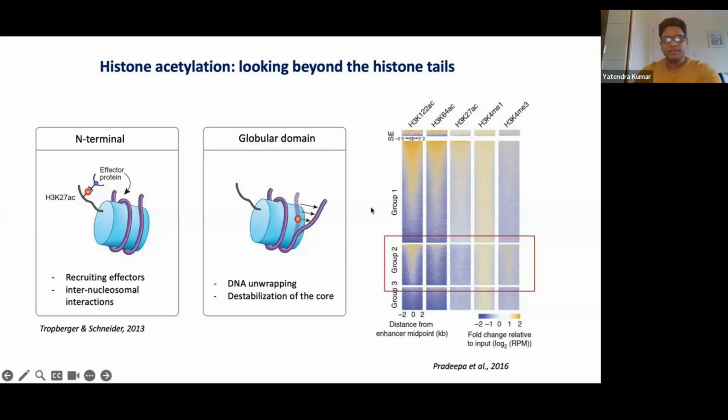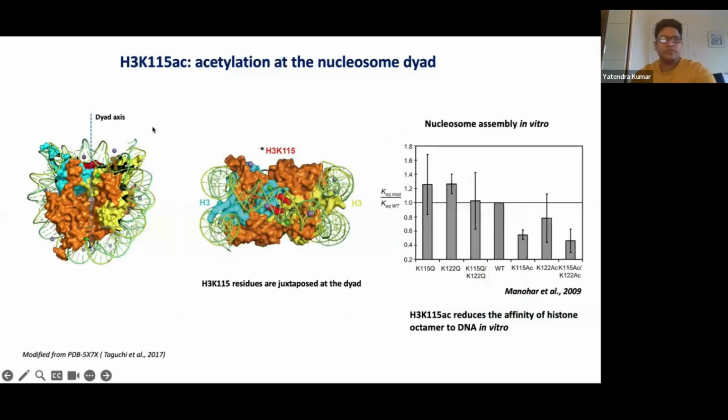This does highlight the importance of globular domain acetylation, and there is so much to be learned on these modifications in the globular domain of histones. So in the same direction, we are focusing on H3K115.